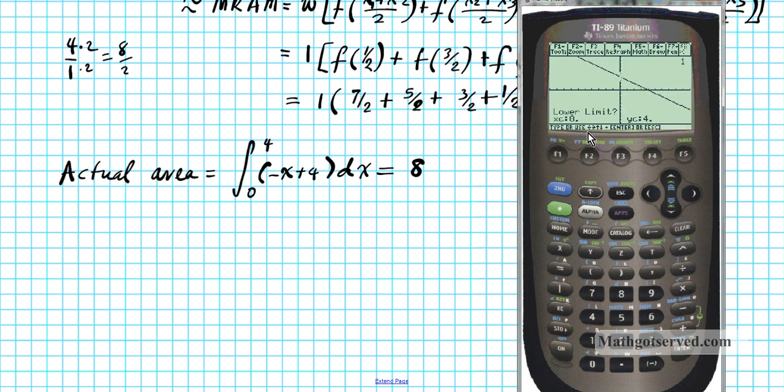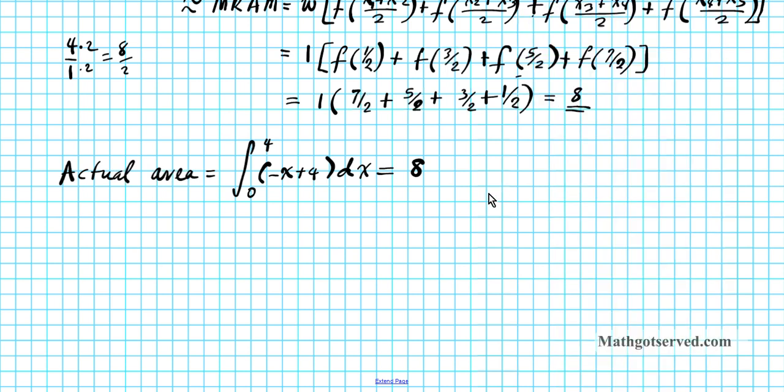It asks you for your lower limit of integration, which is 0. You press enter. It asks for your upper limit, which is 4. Press 4, enter, and it tells you the area of the function from 0 to 4 is equal to 8. So that's our answer.